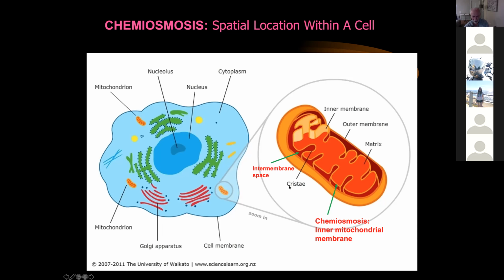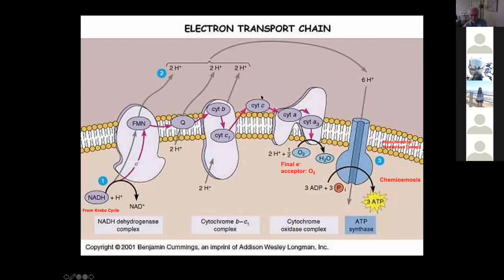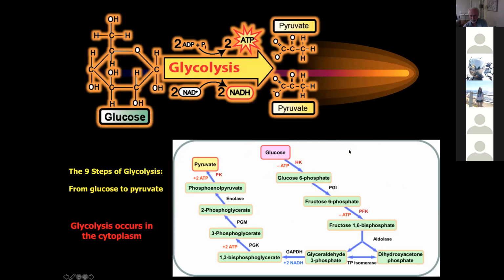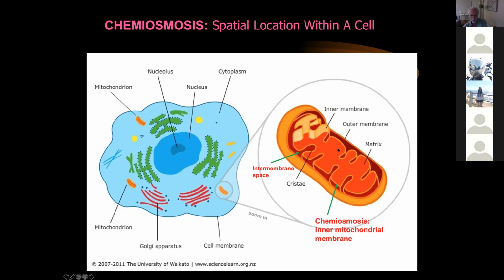So is this making sense? Following the process one step at a time? Yes. Okay. If you have any questions, let me know. So spatially, this is where the action is.